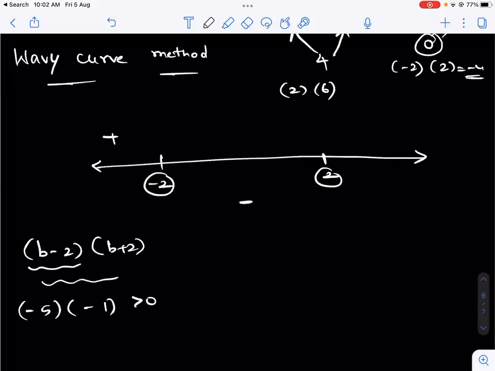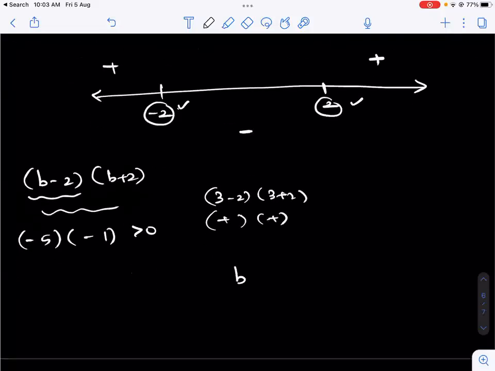Similarly, substitute a number greater than 2 and see. 3 minus 2 into 3 plus 2. Positive, positive. So this is also giving you positive. So on the whole number line, what is the range of b values where you get negative? You have to substitute between minus 2 and 2.